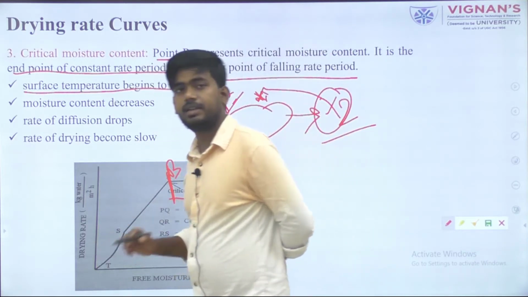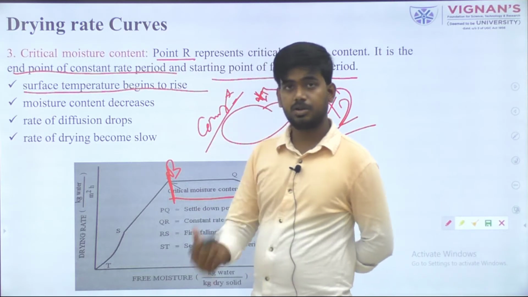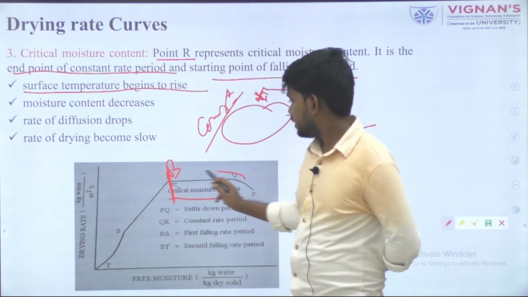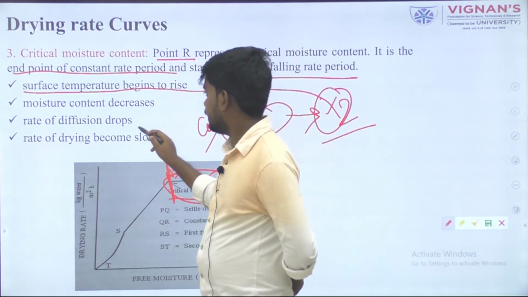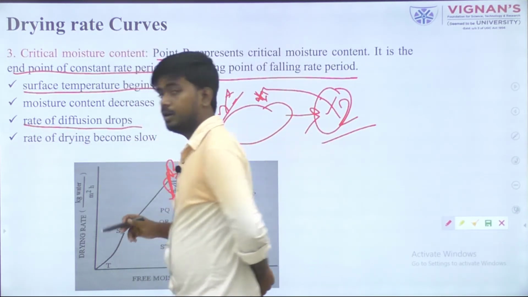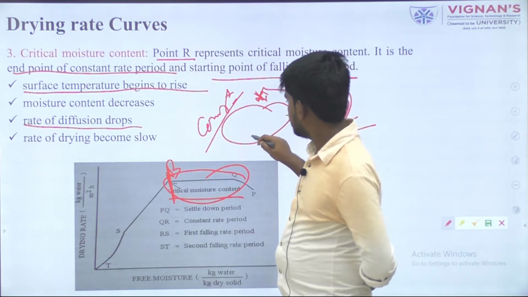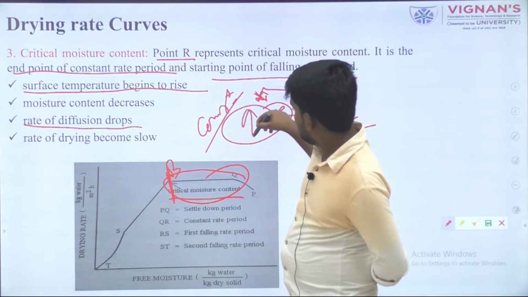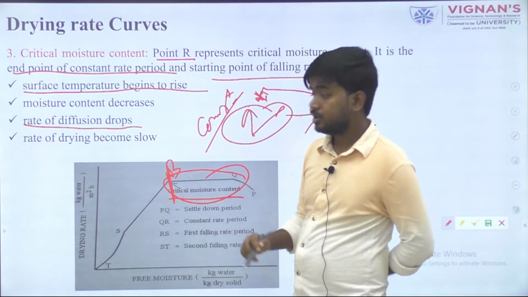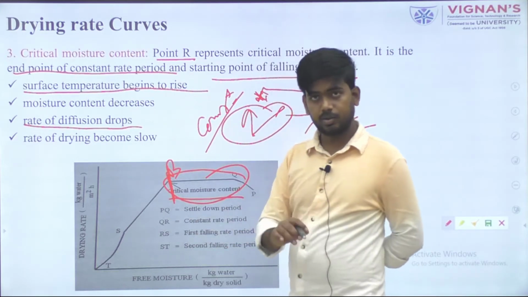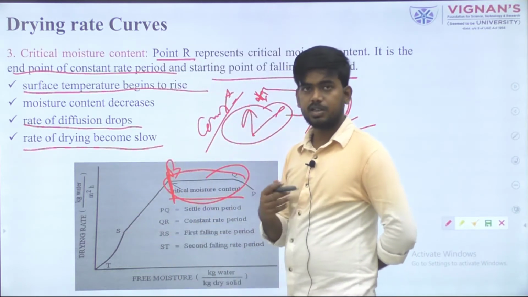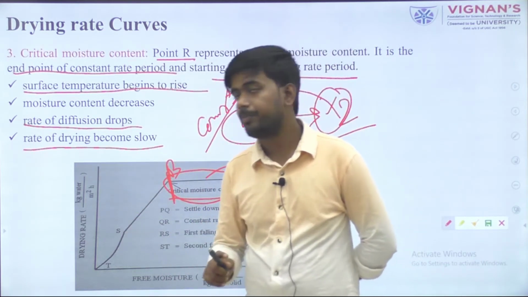The moisture content is decreased, meaning the free moisture that is easily removed is entirely removed by the constant rate drying period. The rate of diffusion, meaning the moisture moving from the interior to the outer surface, will be reduced, and the rate of drying, the moisture removal rate, becomes very slow.